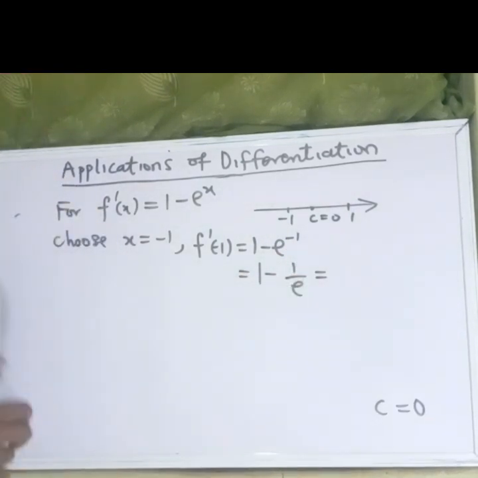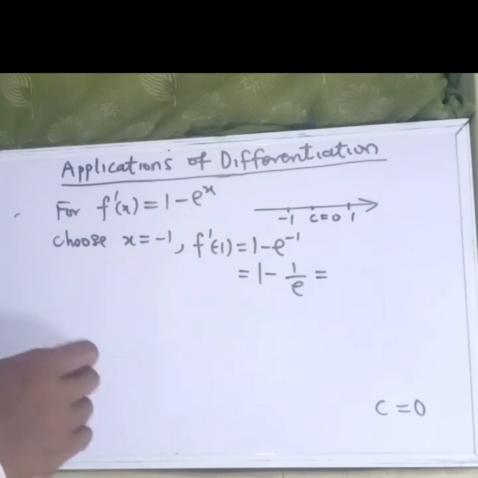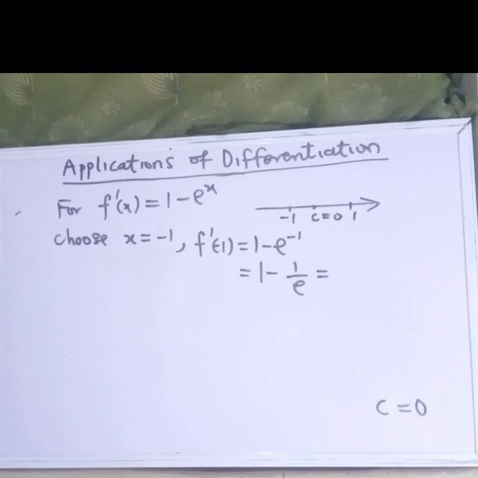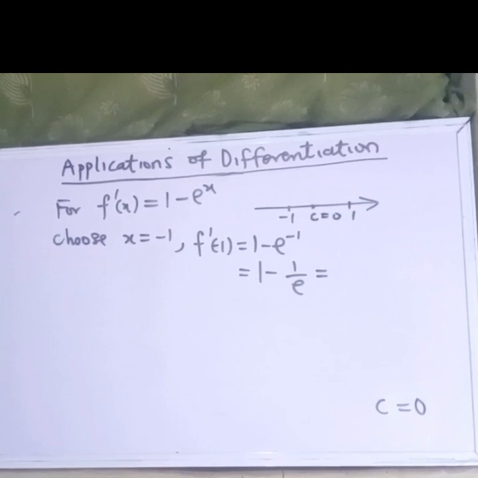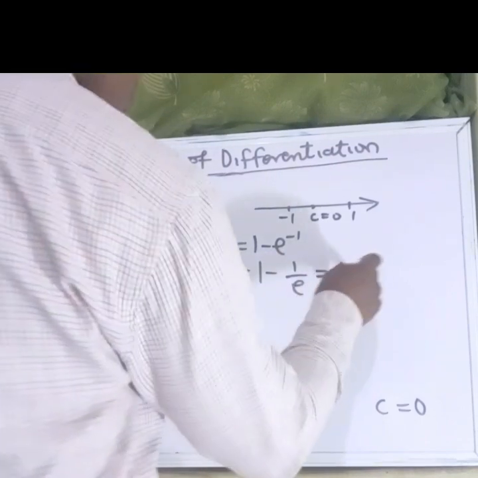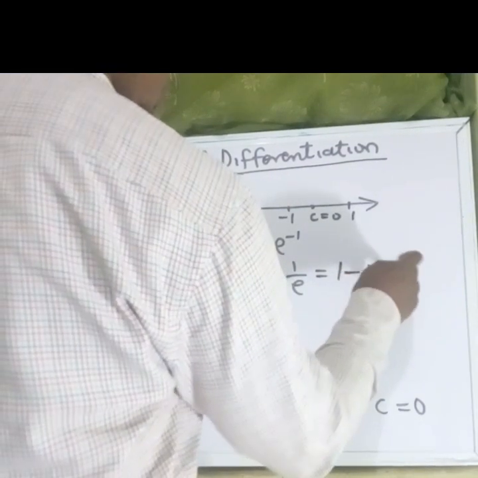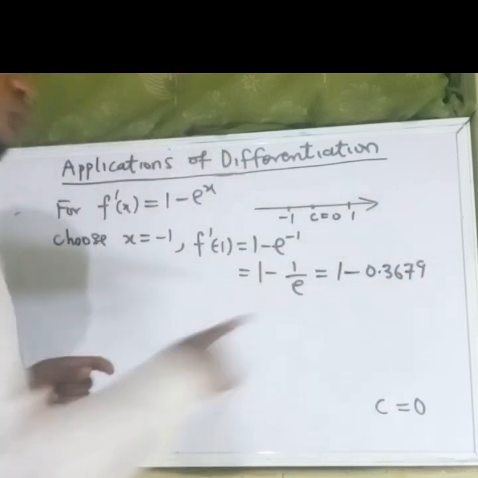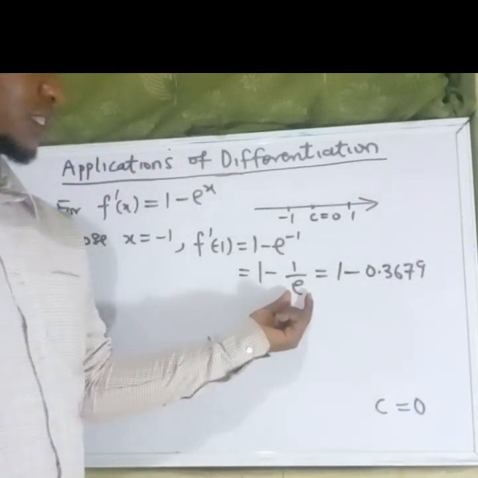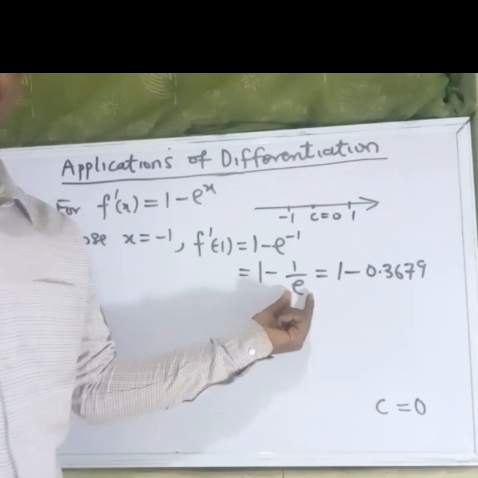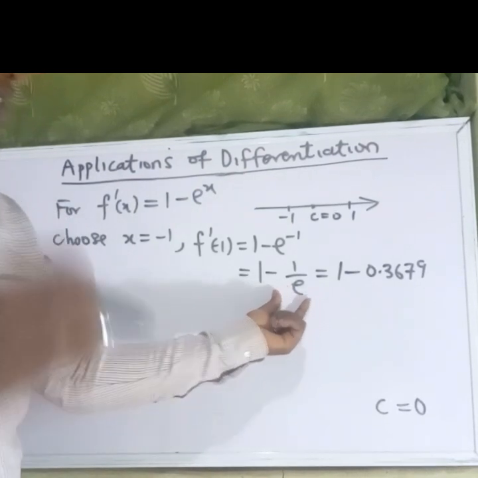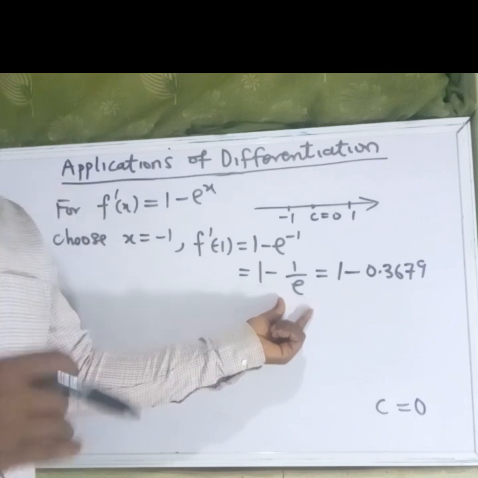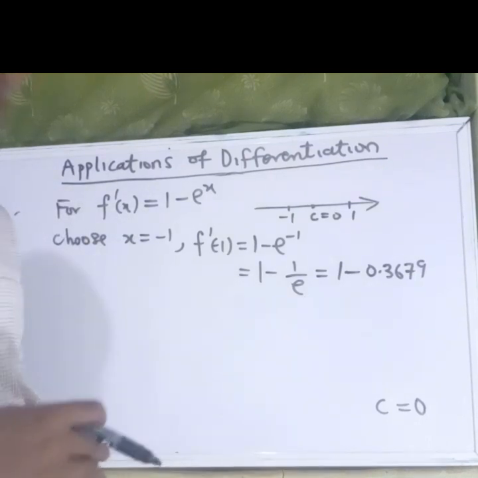Okay, so let's use a calculator to see what this gives. So this is 1 minus 0.679. That is, if you are approximating to 4 decimals, you will recall that this exponential is an irrational number, which has non-terminating and non-repeating decimals.